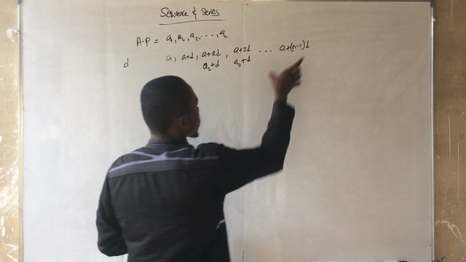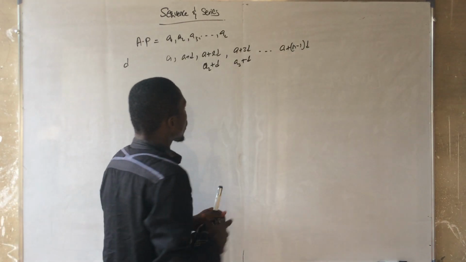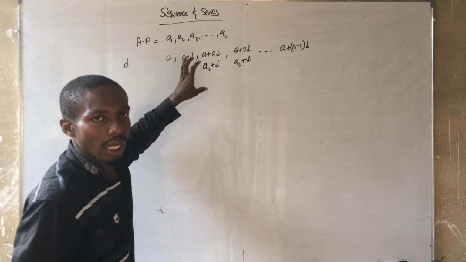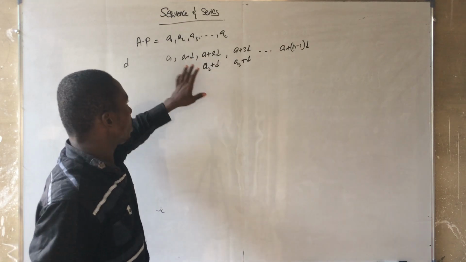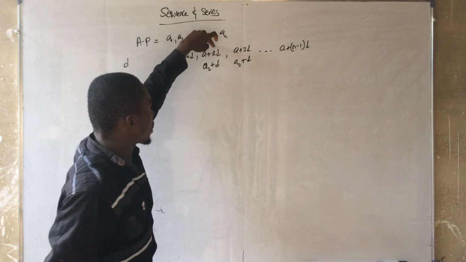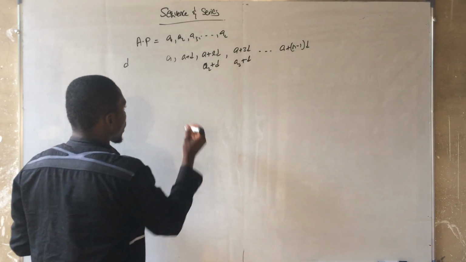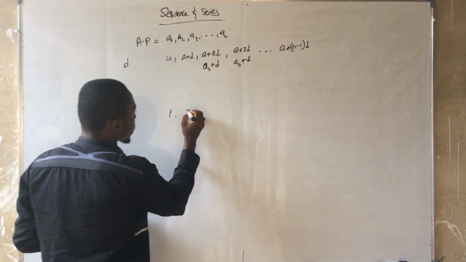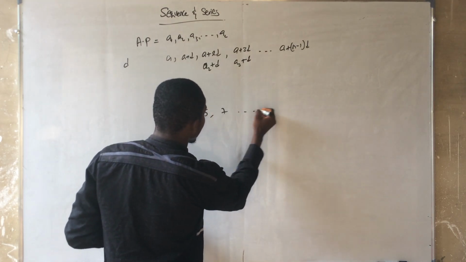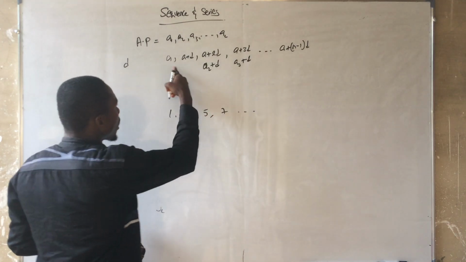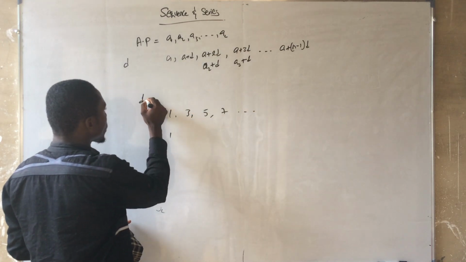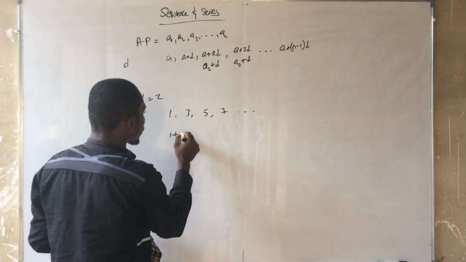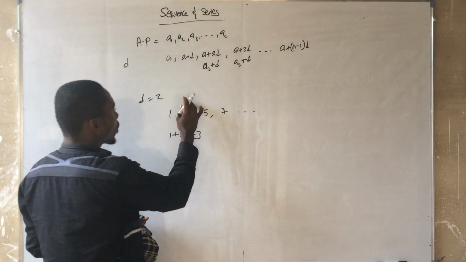Now look at this n minus 1. Here it says A plus 2D. Why do you have 2D? You have D here, and another D here. If A is 1, and we have 1, 3, 5, 7, the common difference is 2. 1 plus 2 gives us 3, which is this one.